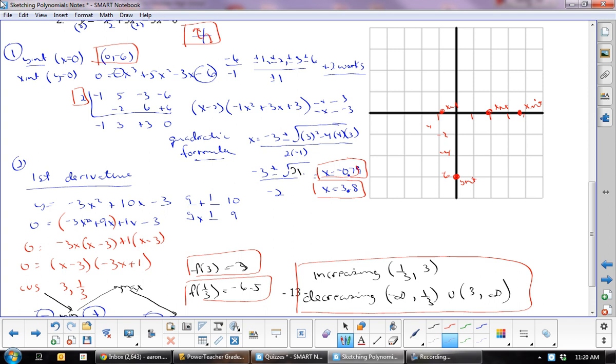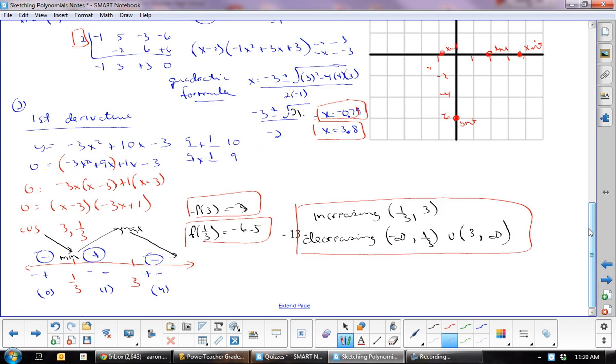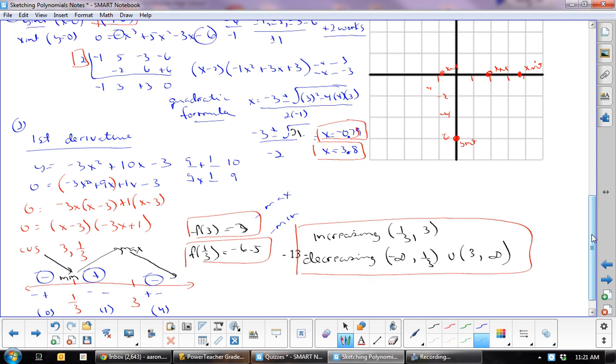Okay, I got a min value. I kind of had min written on the thing, but this will be my min, and this will be my max. So 1/3, comma, negative 6.5. So that's there, my min.